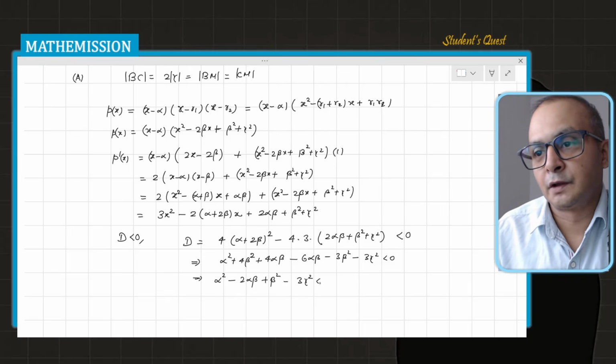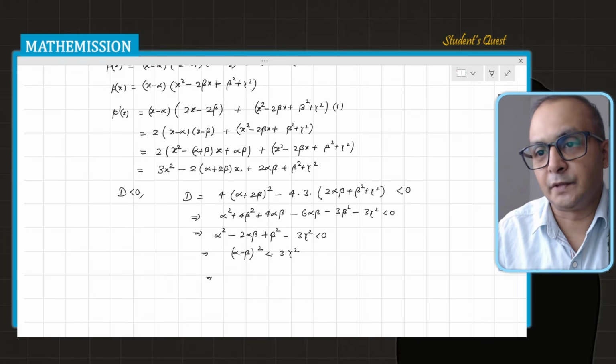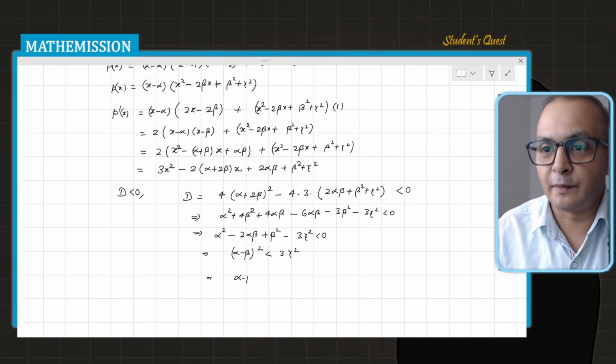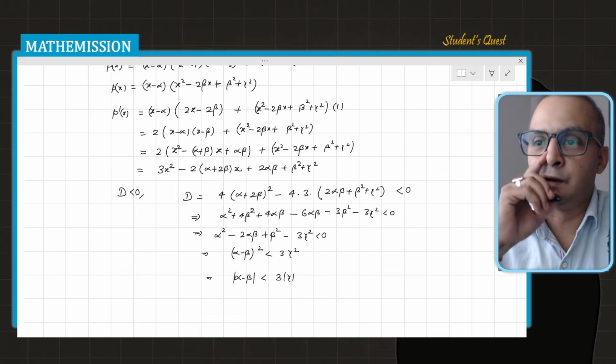Wonderful. It means this I can write as (alpha minus beta) the whole square is less than 3 gamma square. And now we take the root. So mod of alpha minus beta must be less than root 3 mod gamma.